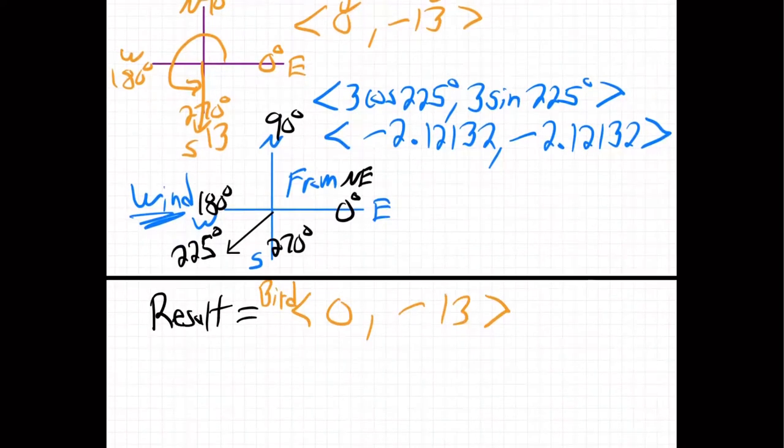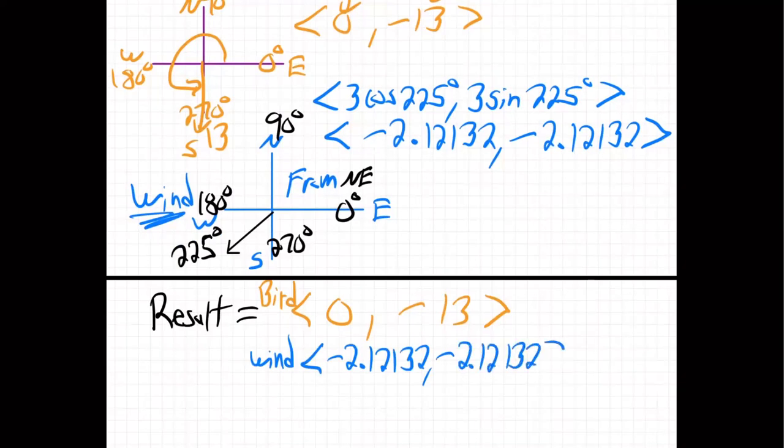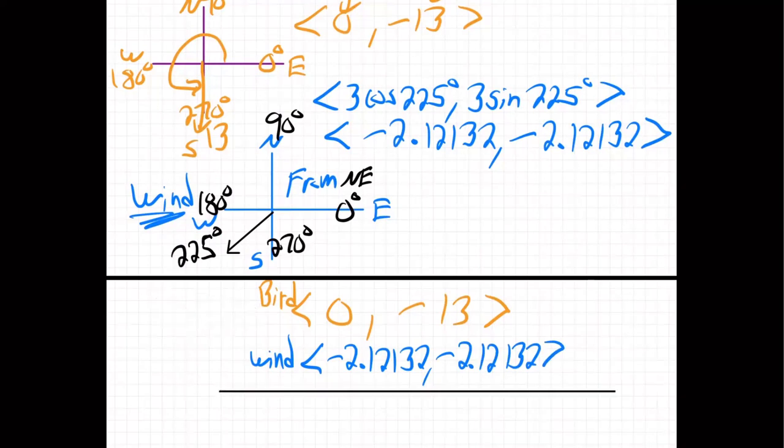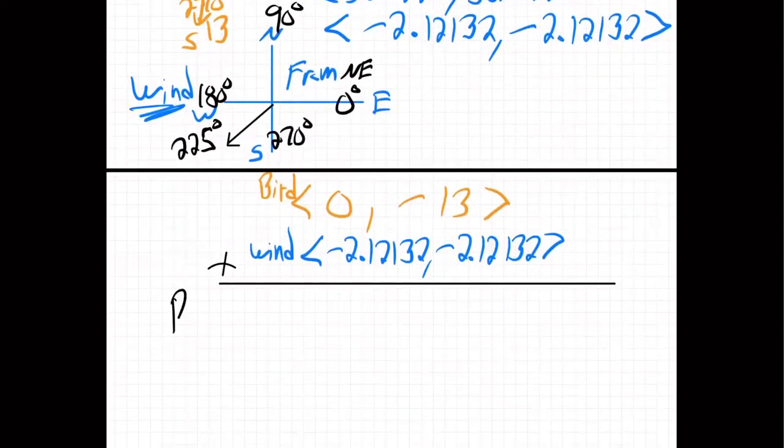And we're going to add to that the wind vector, which we now know is negative 2.12132, comma, negative 2.12132. Let me just get rid of this right here. And add those up, and we'll get the result. The result of the bird trying to fly and the wind blowing on him. So you're going to add this and this.